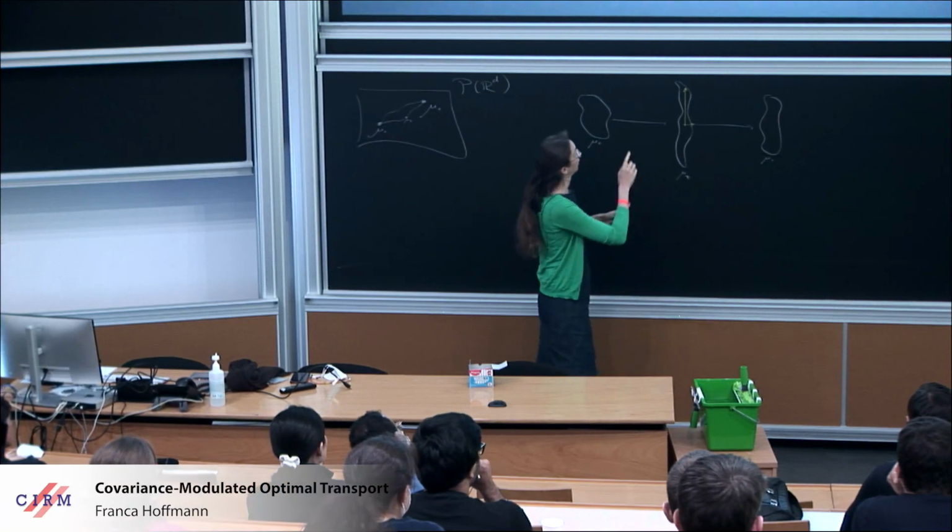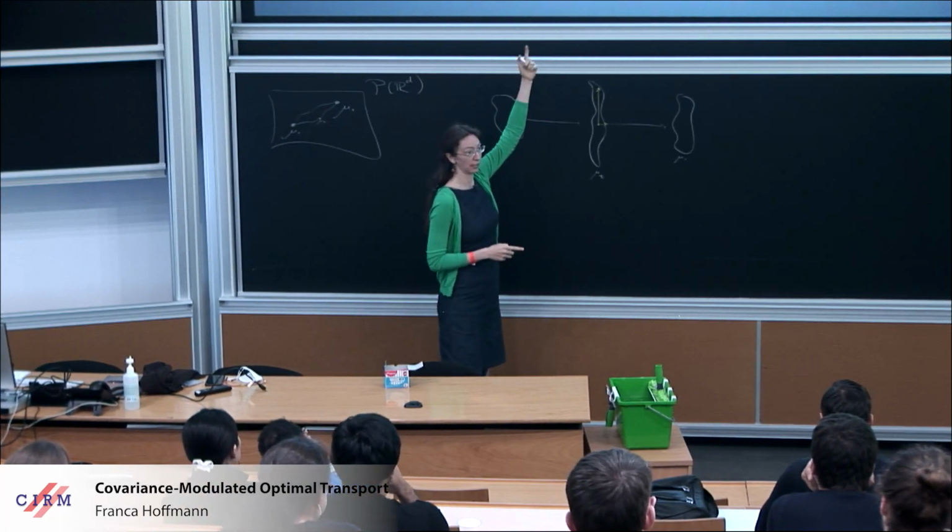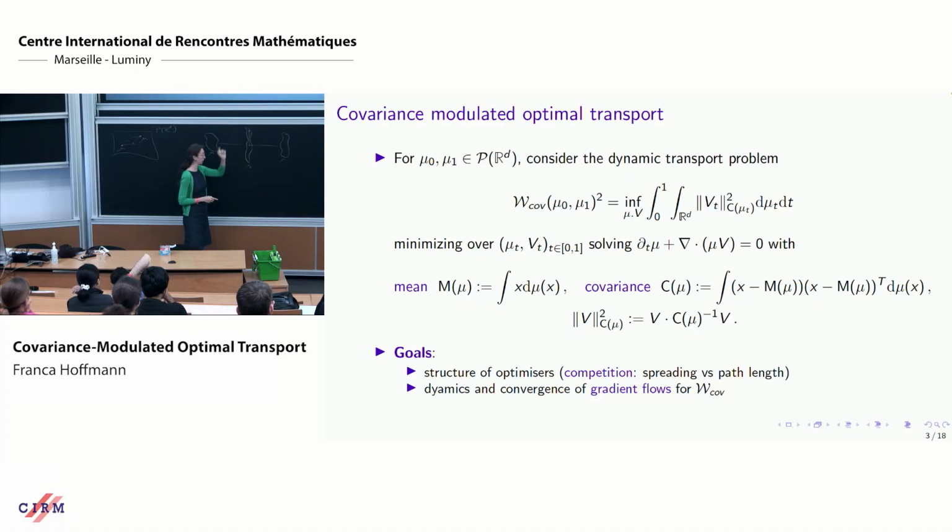So now if I compute my kinetic energy by weighting by the inverse of the covariance, it means that transport in directions where the covariance is large is actually a lot cheaper, right? So if I want to transport mass in this direction, then this would be very cheap. Whereas if I wanted to transport mass in this direction, it would be more expensive.